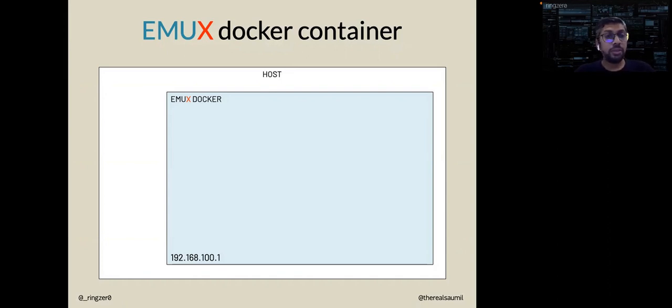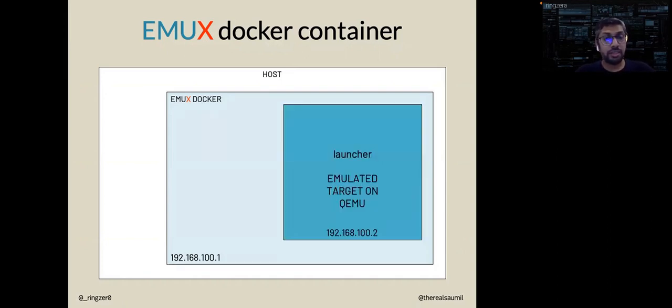Within EMUX, whenever you launch an emulated target using the launcher, it is going to spin up QEMU and bring up an emulated firmware environment. And this is hard-coded to IP address 192.168.100.2. It runs entirely within the Docker container.